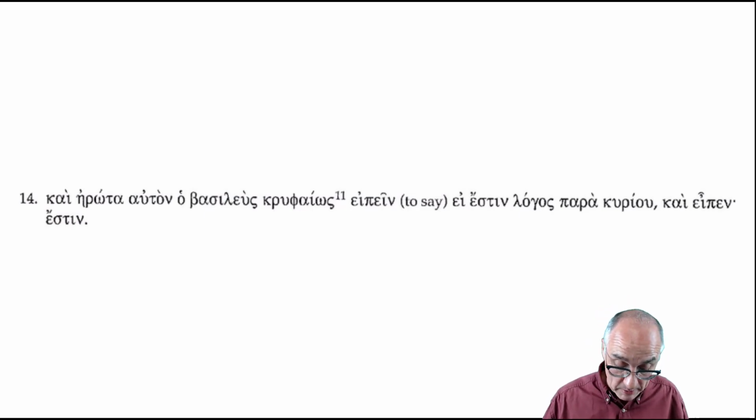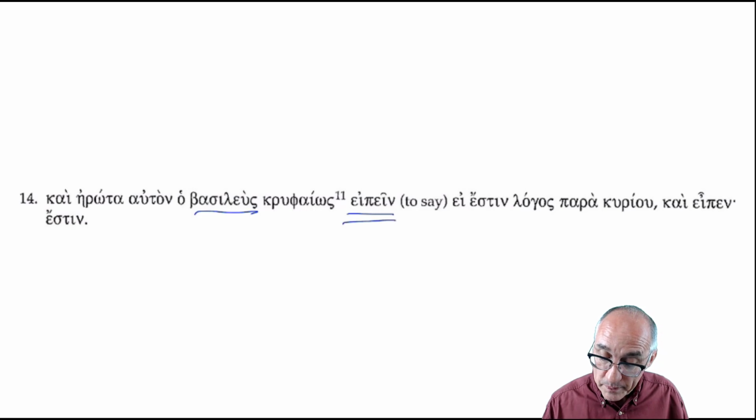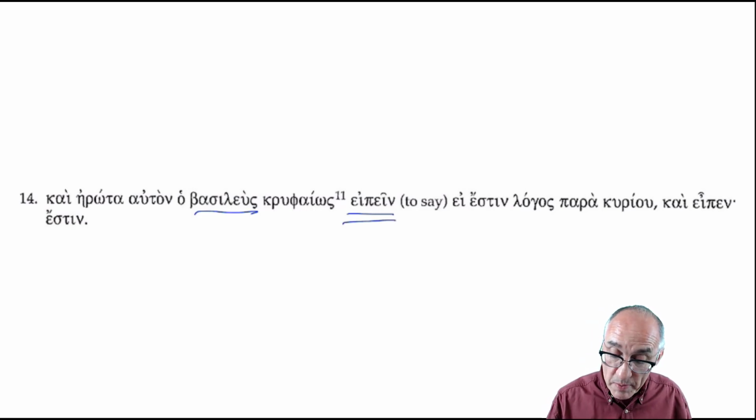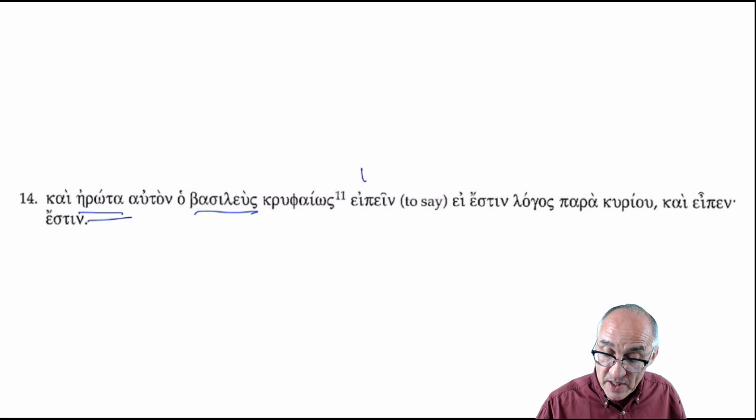So, a lot here. Subject, verb. Really, this is the verb. Let me change this here. This is the verb, because this, as it says, is the infinitive. And then we have an if.